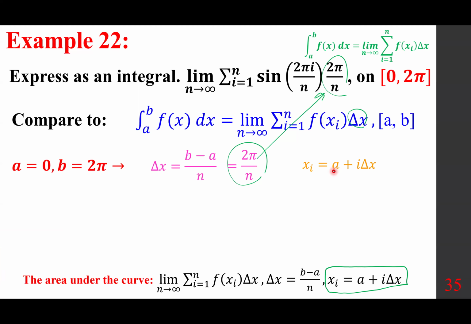A is 0, delta x is 2 pi over n. So we get 0 plus i times 2 pi over n, or 2 pi i over n. So this is x sub i, everybody.